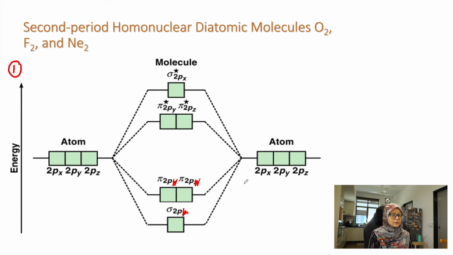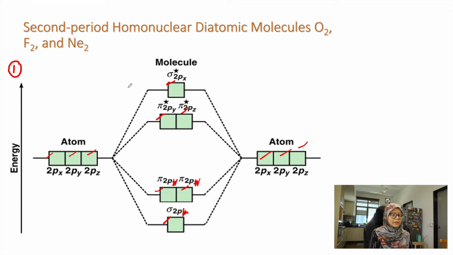For this one, you need to make sure that the orbitals on your left and your right are equal to the center: we have 1, 2, 3, 4, 5, 6, and at the center for the molecule, we have 6. This is the arrangement for oxygen, fluorine, and also neon.